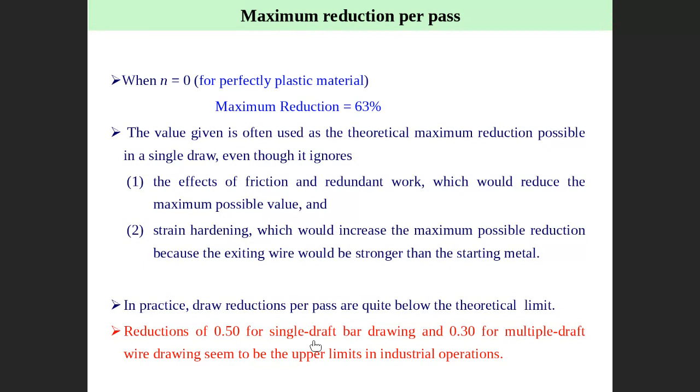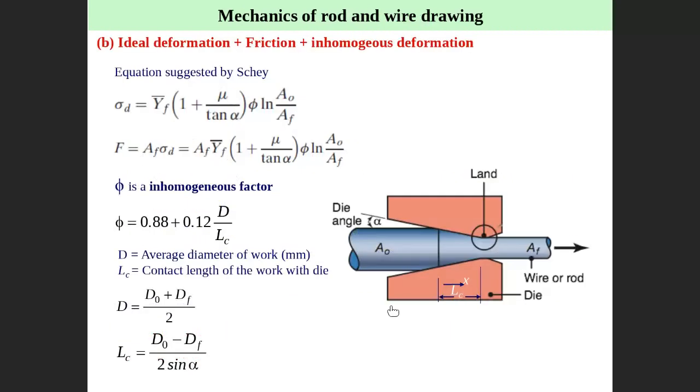Single draft means one stroke, one time. But it could be a maximum of 30% reduction in each pass in the case of multiple drafts, where you do one reduction, then another, and then another. This is the industrial practical reduction value.